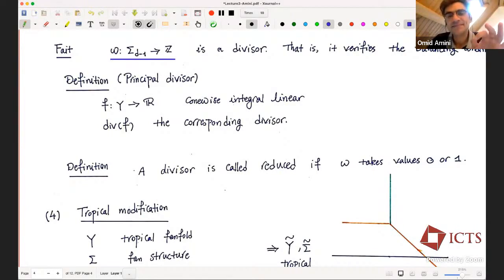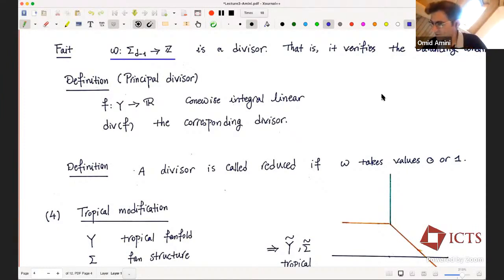If you have this function, to any cone of dimension d-1 you associate a number. The definition of divisor is that it's a subfan, right? It's this weight function. You associate to any d-1 dimensional cone in your fan a number. This is a divisor.